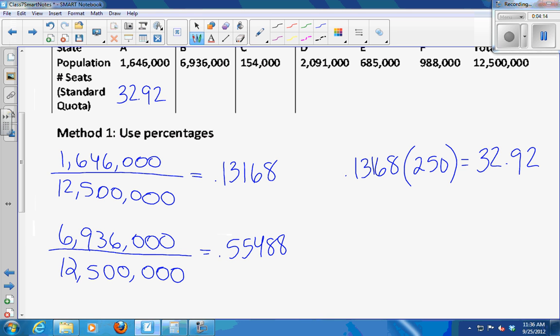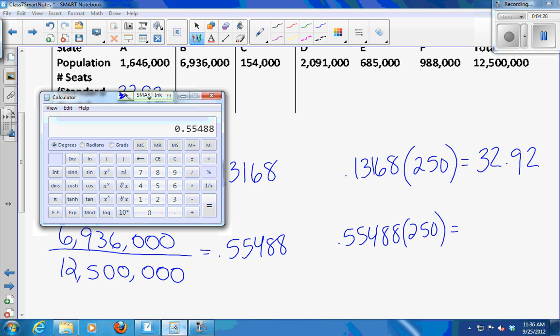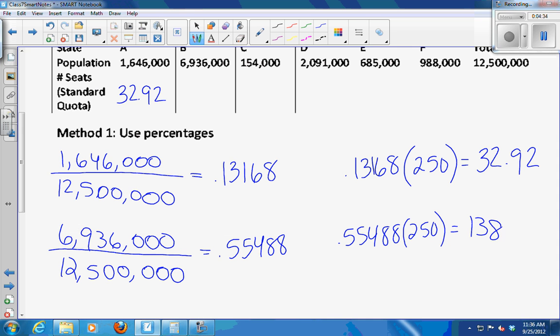So that's 55.488%. So to take that percentage of the number of seats, you do 0.55488 times 250. So I get 138.72. So we could continue doing this, but I'm just going to jump to show you method 2.